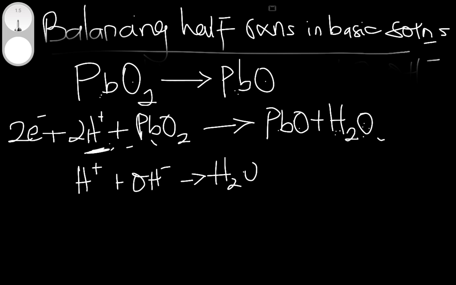So if we introduce our hydroxide on our left hand side, it's going to react with our hydrogen ions to form water. That's what we're going to do. We're going to introduce 2 hydroxide on both sides. So we'll have 2 electrons here, plus 2 hydroxide, and on this side we're going to have 2 water.